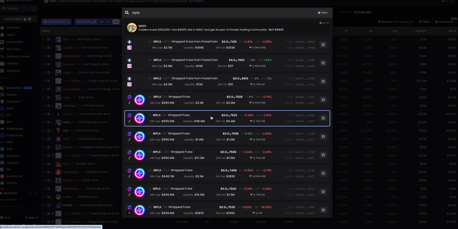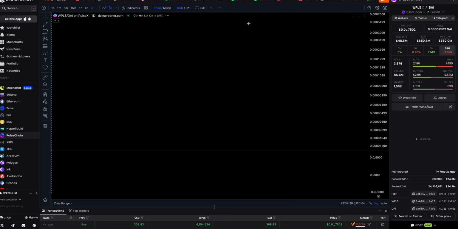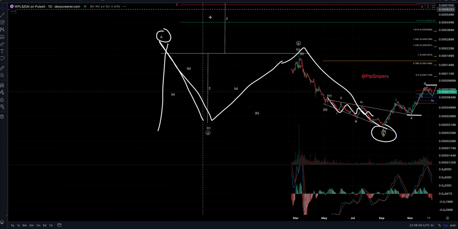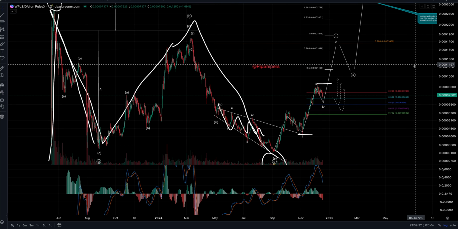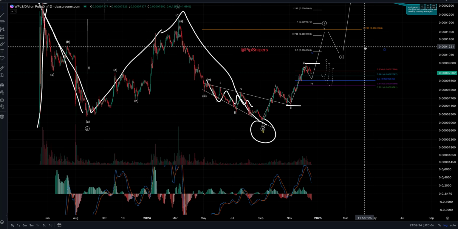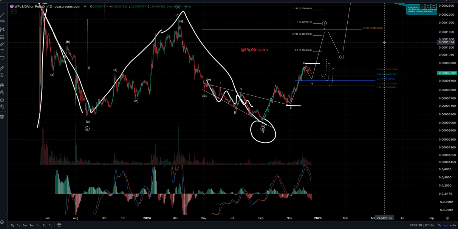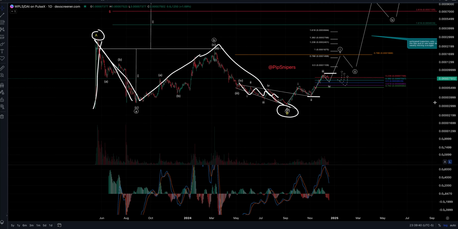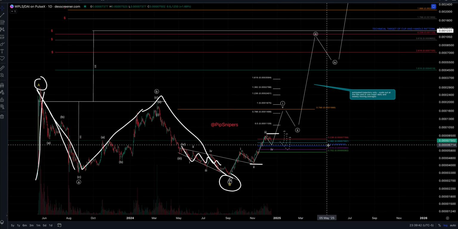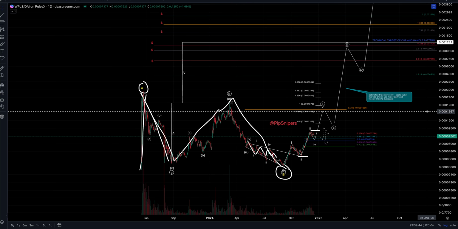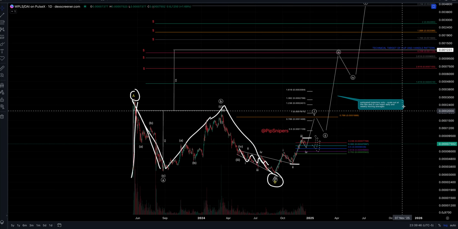Okay, I think it's this one right here. Yeah, so I think wave one, macro wave one, is going to top out here at 301666. Come down for a little retrace, and then we're going to go in for the real expansion, right?